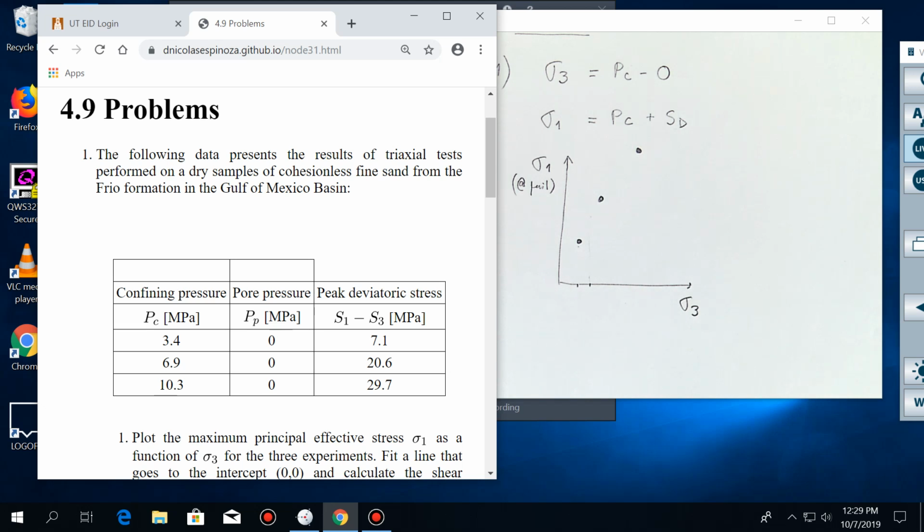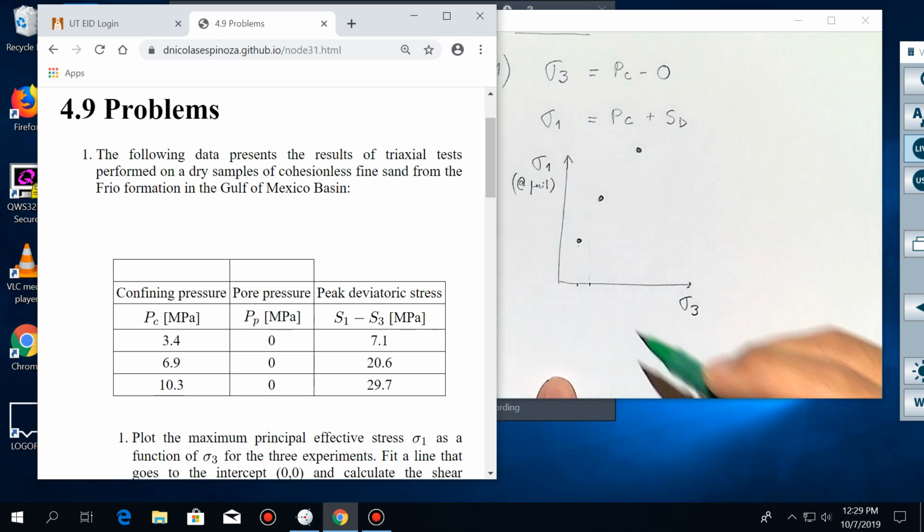These are rocks, and rocks are always heterogeneous. You're not going to get a perfect line. There's going to be some variability, which is the natural variability of the rock, and also the natural variability that you may expect in a laboratory test. But they will line up. They may not line up perfectly, but they will line up.